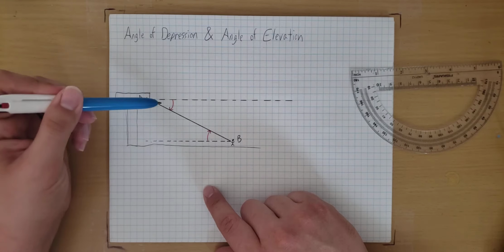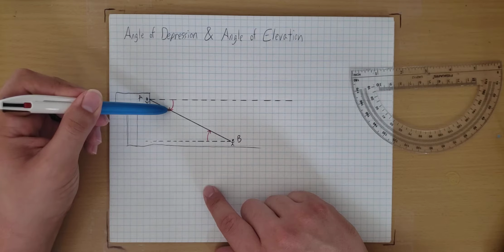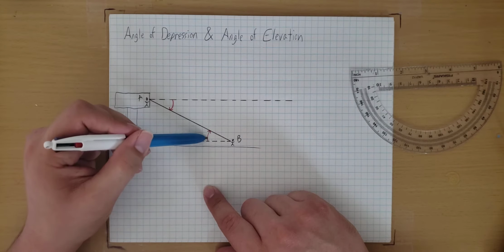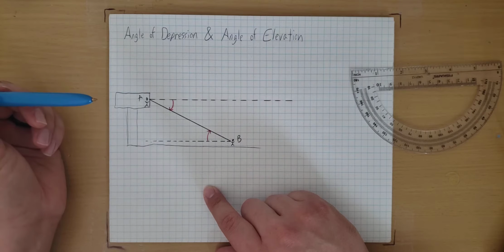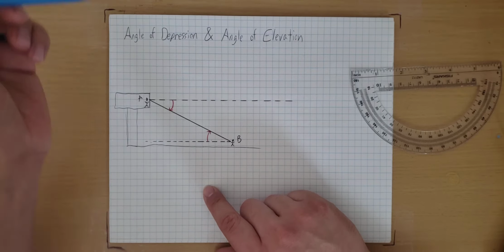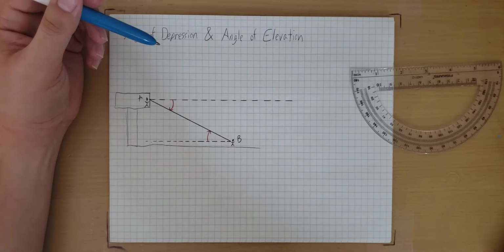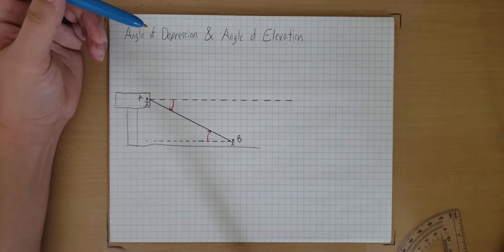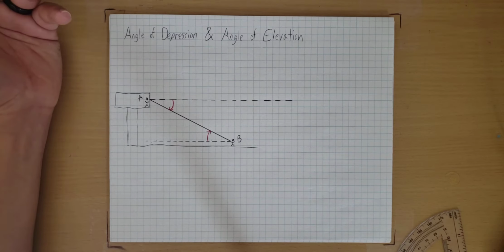Again, angle of depression opens downward from the horizontal. Angle of elevation opens upward from the horizontal. And so, again, you have some examples beginning with slides 2, 3, and 4.